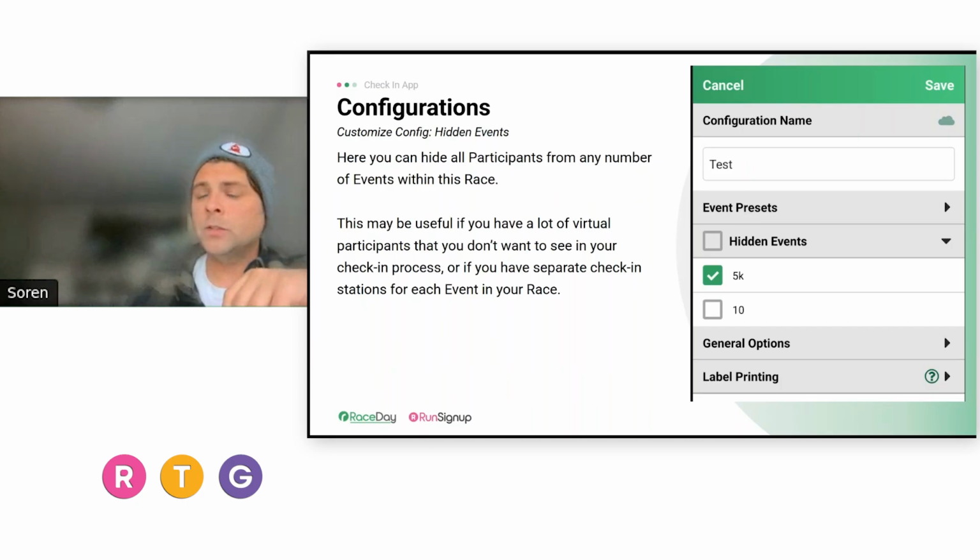You might also want to hide virtual races in this space. Again, it's up to you, and this is another time where I would encourage you to test this and make sure that it's meeting your race's needs. It's a very flexible app, and every race is a little bit different, and every packet pickup subsequently is a little different as well.